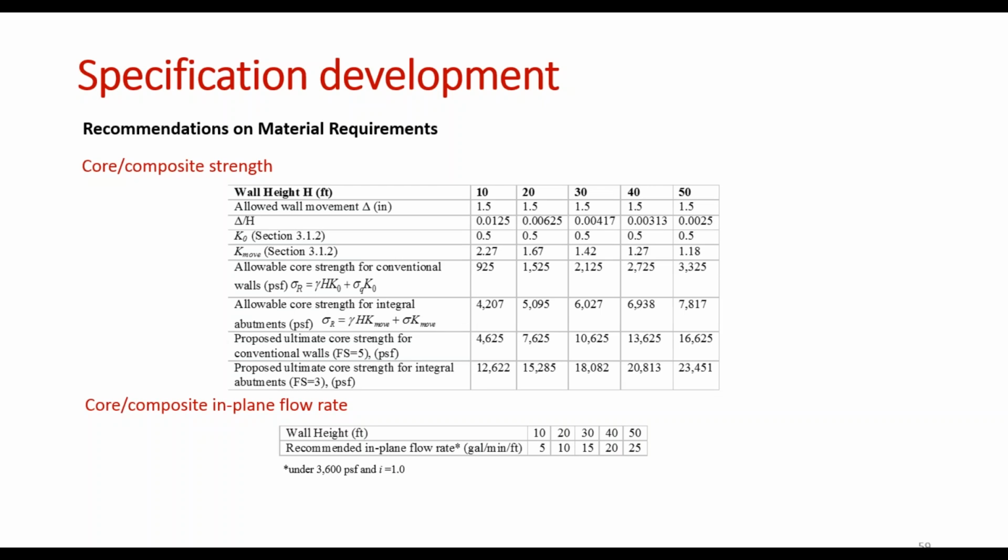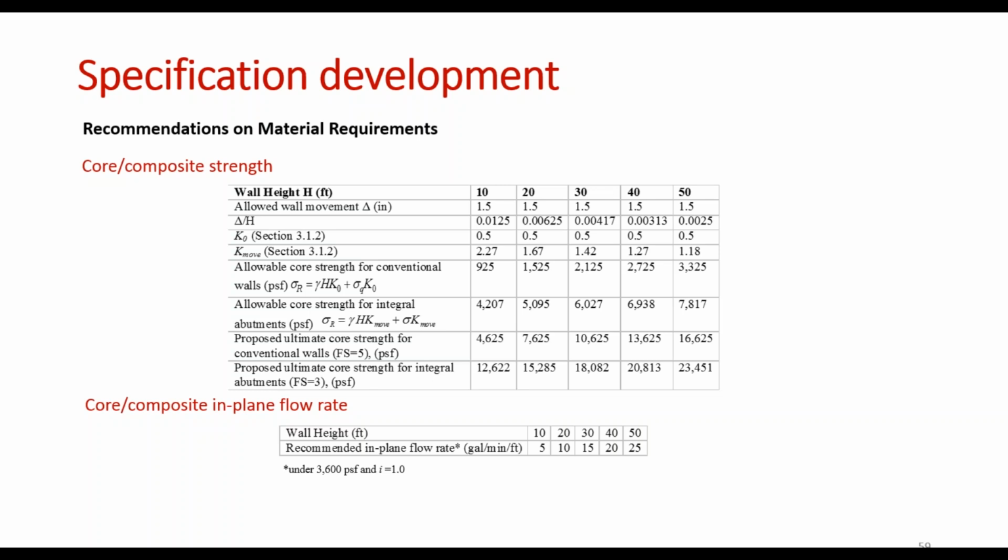We talked about the design methodology, and we know that the design of the core depends on the wall height as well as the soil properties. But typically, when we design bridges and retaining walls, we take some representative soil. That's also the approach that we took.